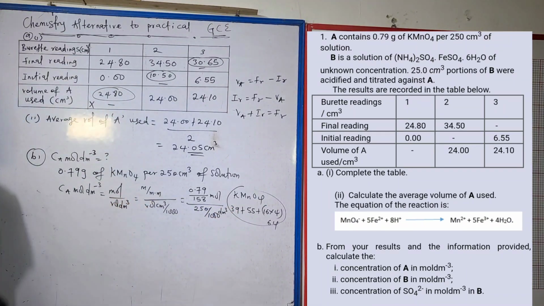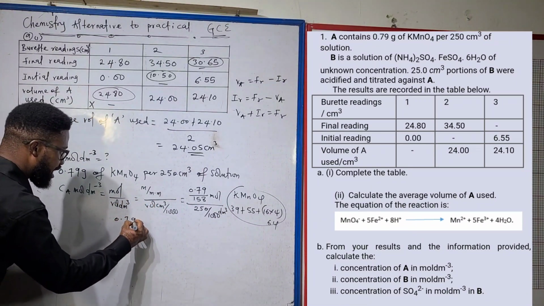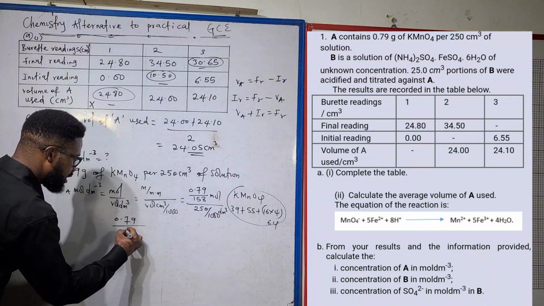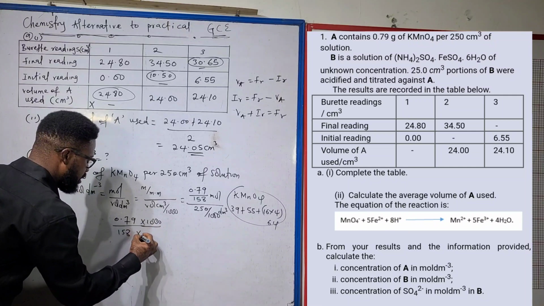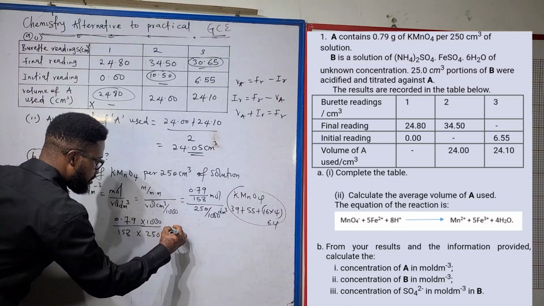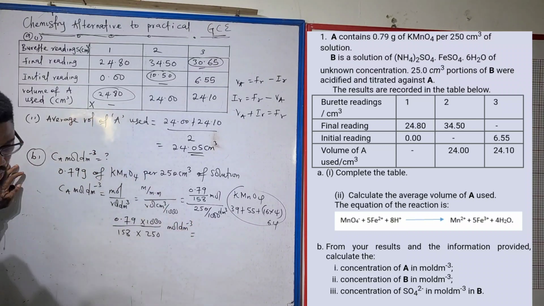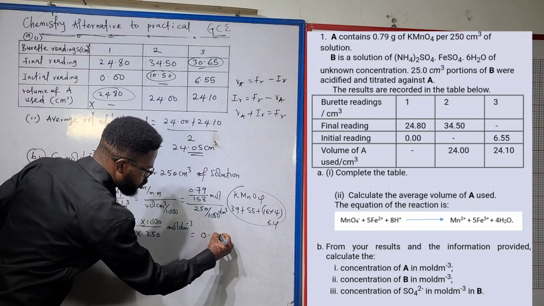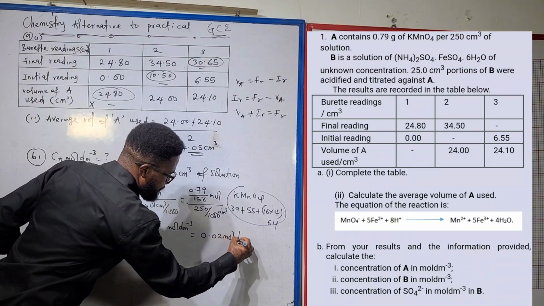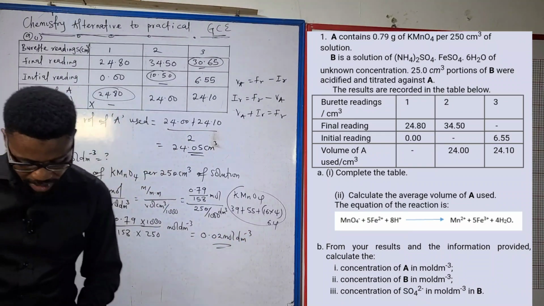That way I have my concentration in mole per dm cube. So this means 0.79 over 158, times 1000 divided by 250. Computing this, you're going to have 0.02 mole per dm cube as the concentration of my A.